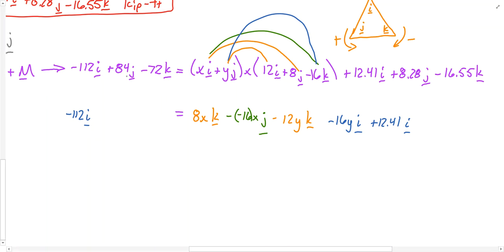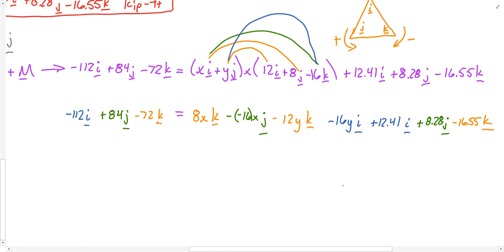And in the green, I've got the 84 on the left, and then the plus 8.28 on the right. And then I've got an orange for the k. And then the only other one is minus 16.55.